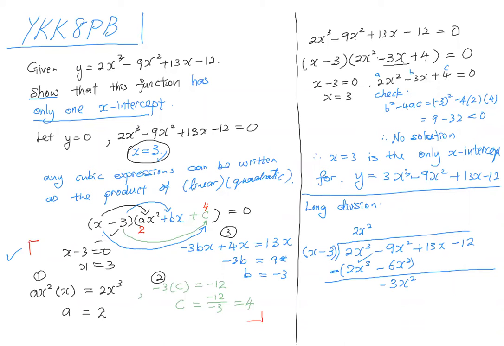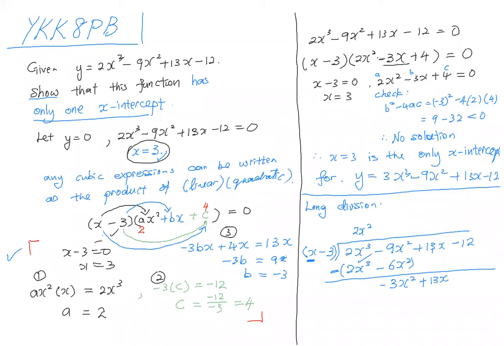Am I going too fast? No. Okay, so now next step, I have to get it off. So I pull down the x term. So it's exactly like you do for numbers. So now I have to get rid of negative 3x squared. So this is your x.